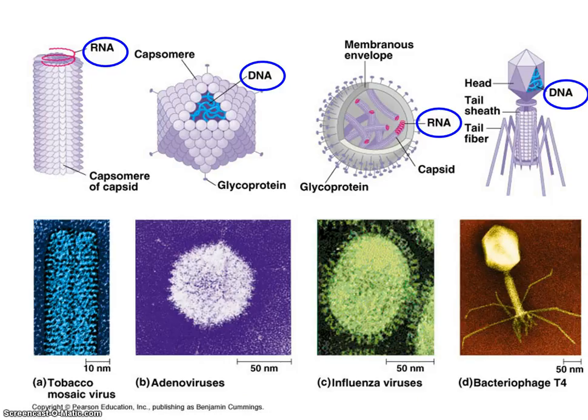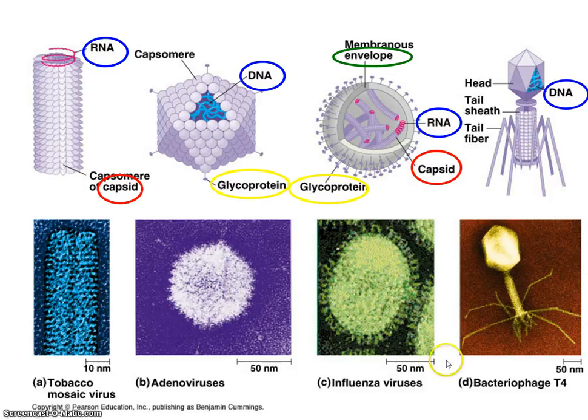Notice the types of genetic material, DNA in some of them, RNA in other types. And we're going to get into why that's important later. Now the word that I have circled here is capsid. And we've talked about capsid. That's the protein coat. Every virus has a capsid, that protein coat.